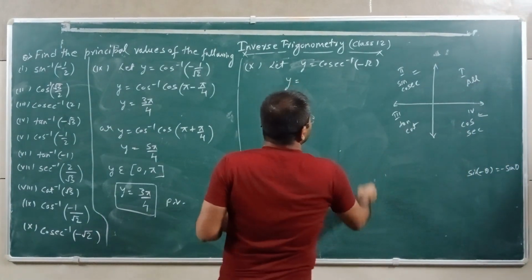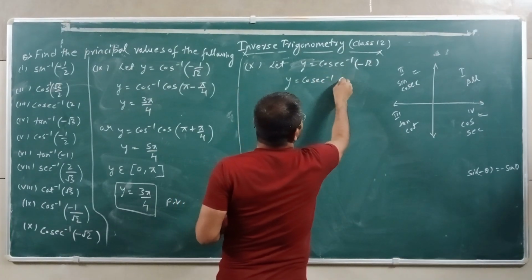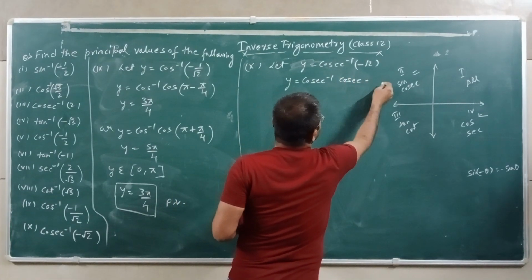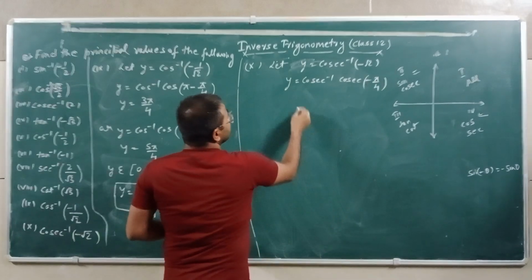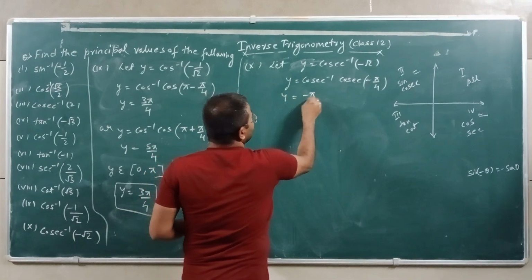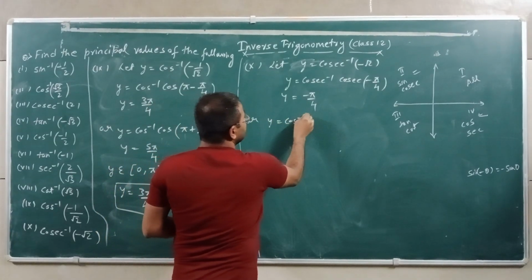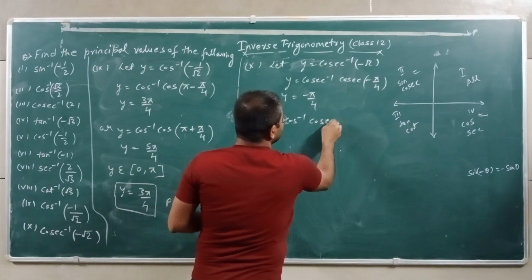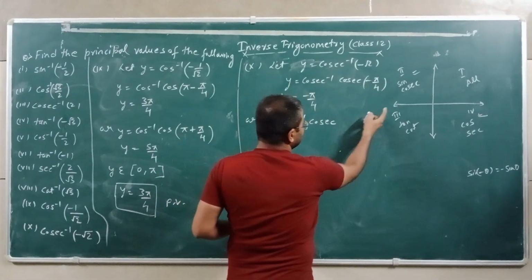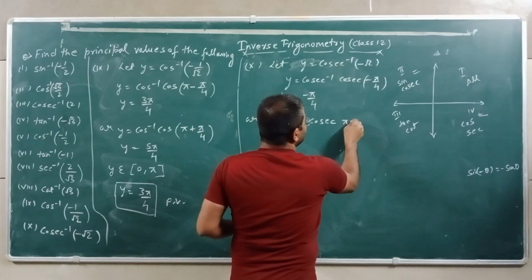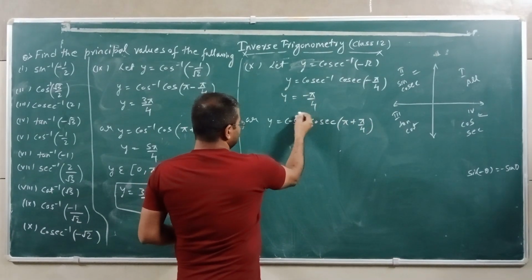Okay, so what will you write? Cosec inverse cosec minus pi upon 4 you can write. Then y will be minus pi upon 4, or you can write y is equal to cosec inverse cosec, for the third quadrant you will write pi plus pi upon 4.